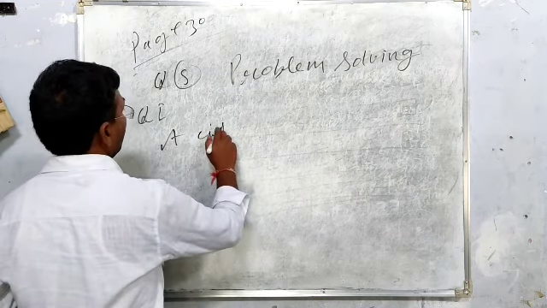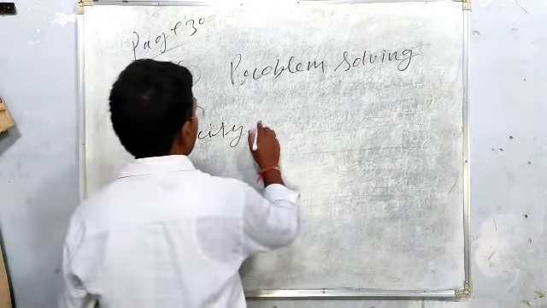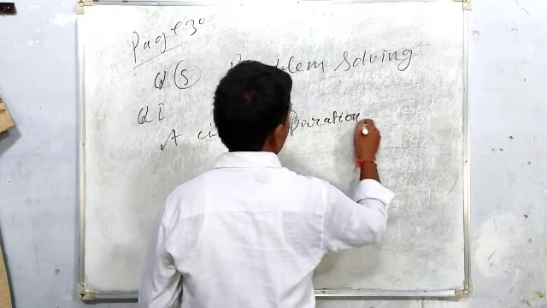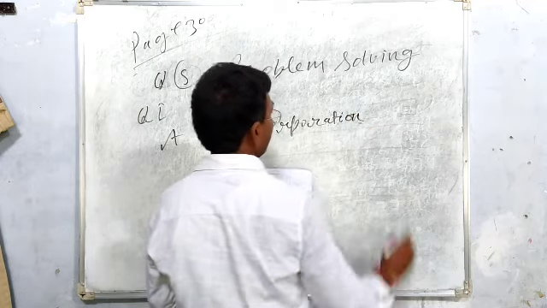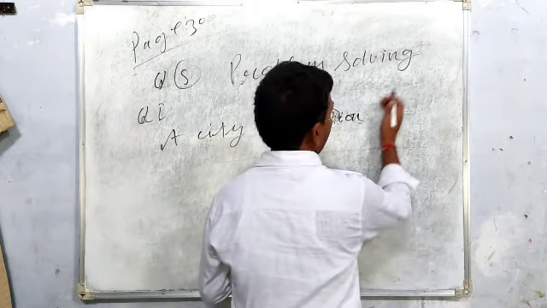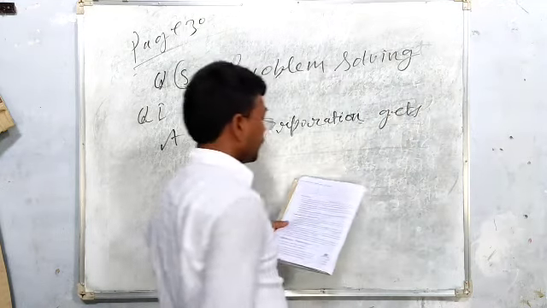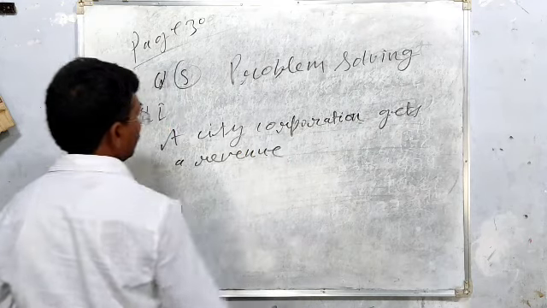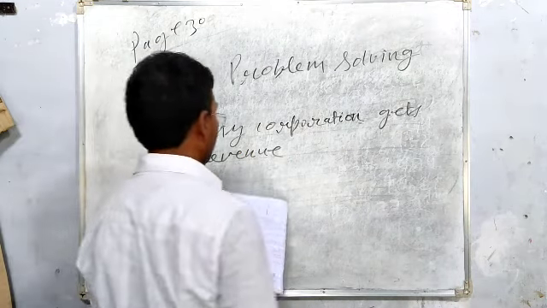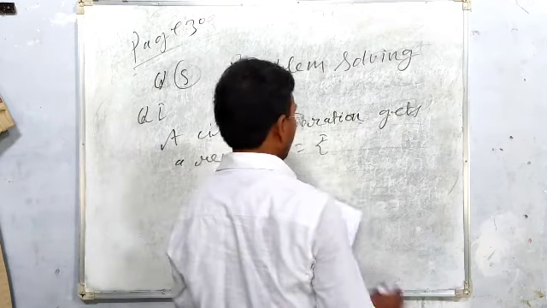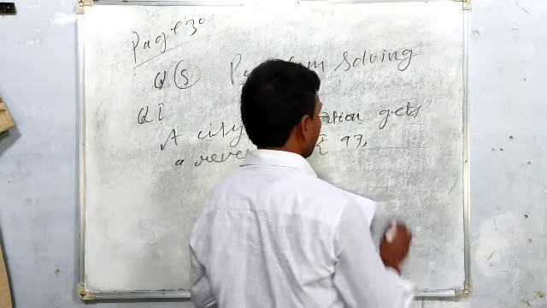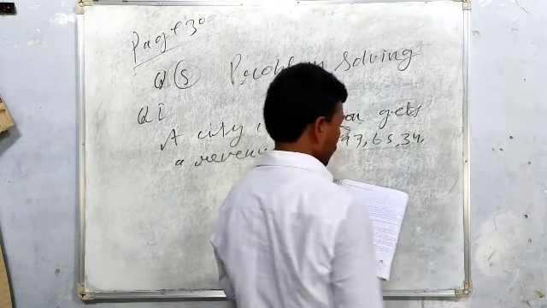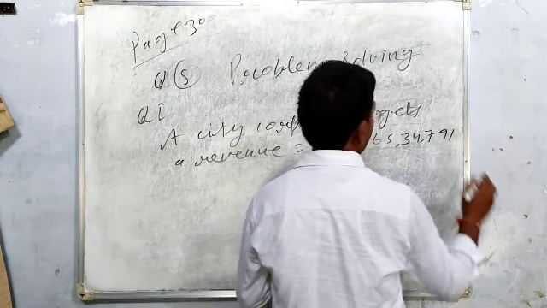A city corporation gets a revenue of rupees 97 crore 65 lakh 34,791.